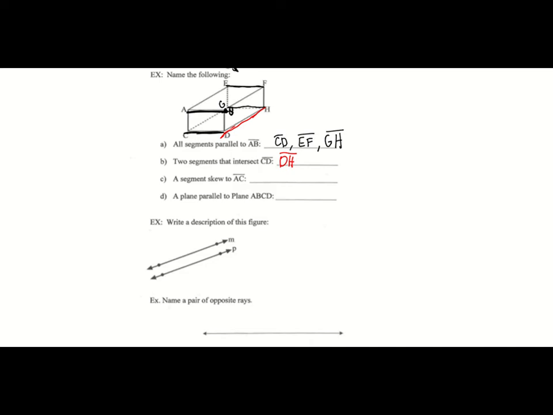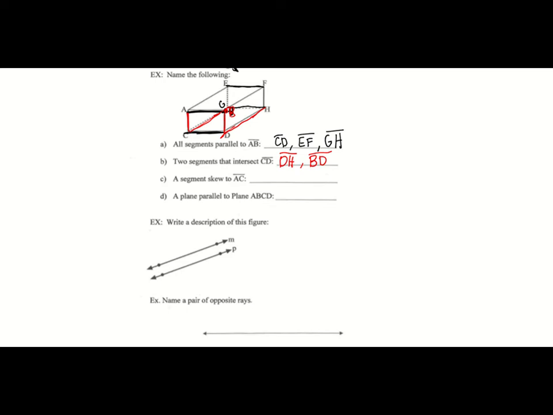Another one that runs into CD is going this way, BD. It looks like G, but remember that G is in the back corner. This B right here is my point right here. So I have DH and BD. Now there's more that run into CD. We have AC over here, or CG on the back stretch of the box, but it just asks for 2.